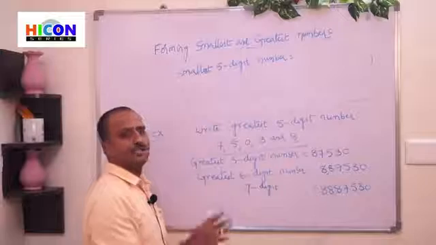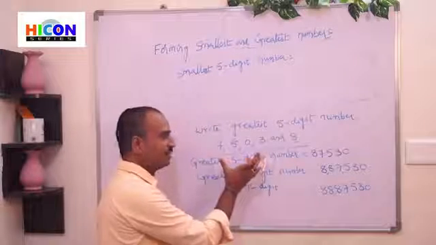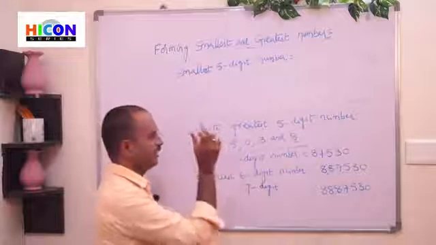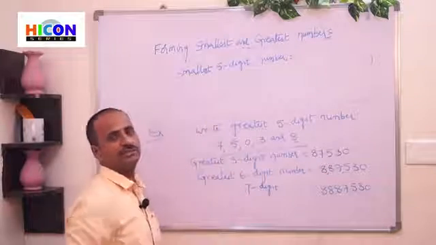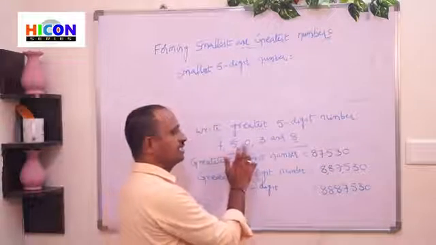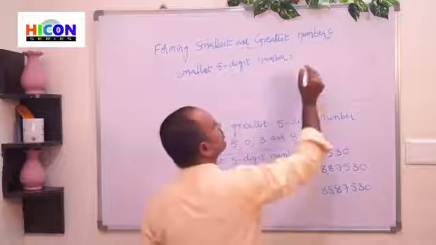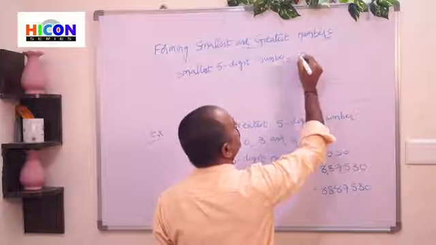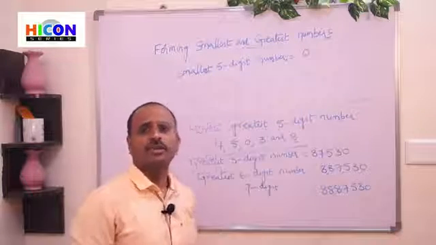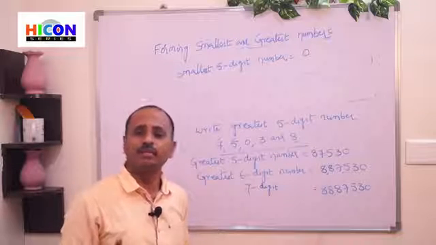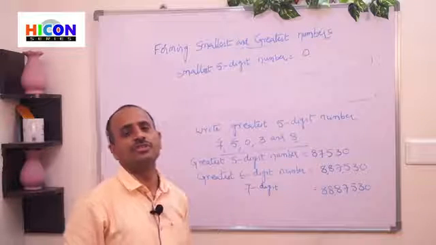So first of all, arrange the given digits from smallest to greatest, that is in ascending order. Write the smallest digit first. Which is the smallest digit here? Here 0 is the smallest digit. But any number should not start with 0.